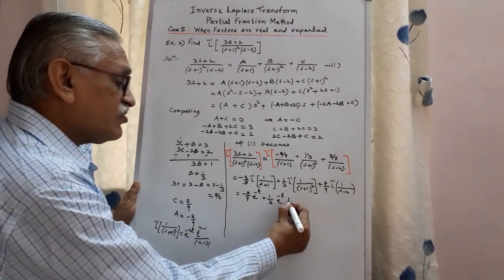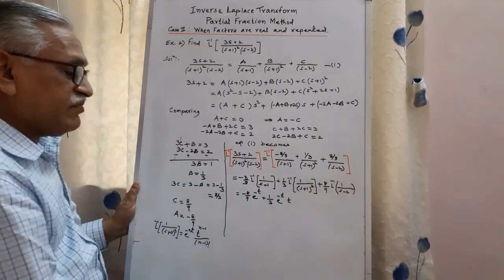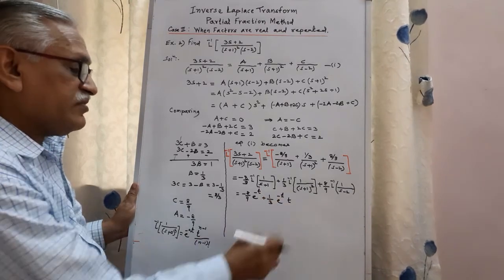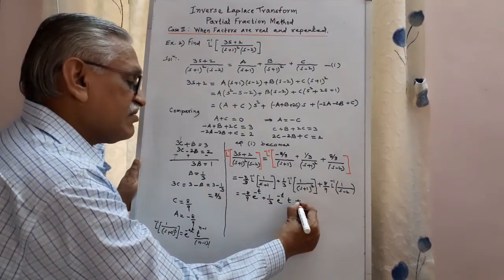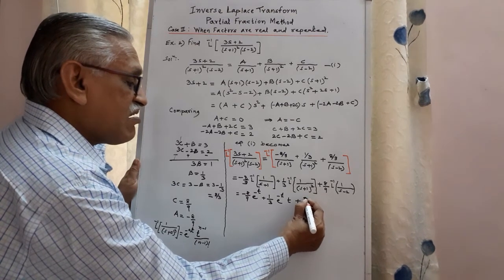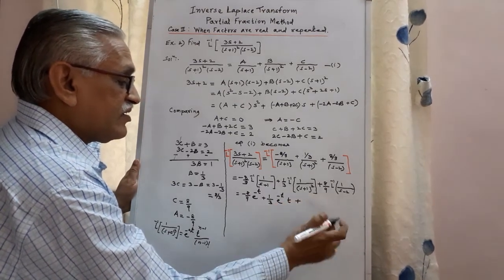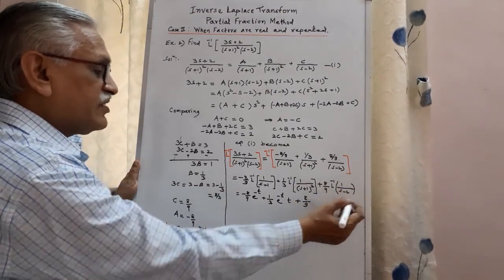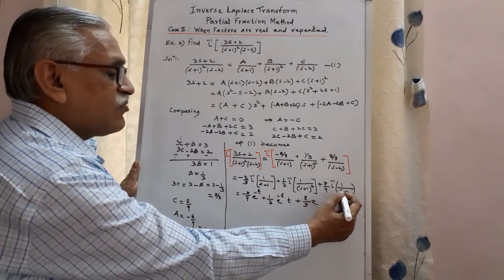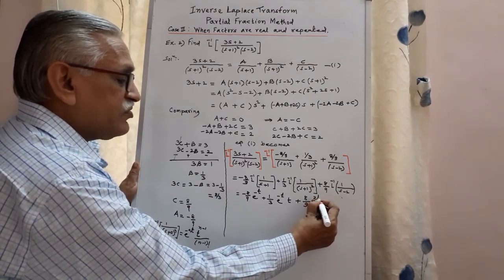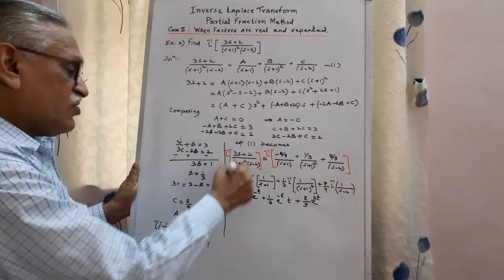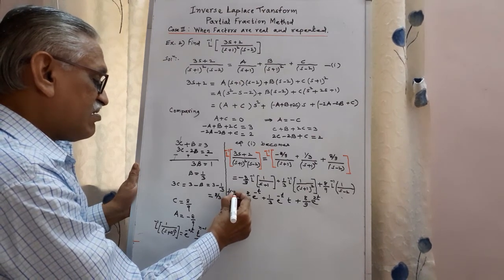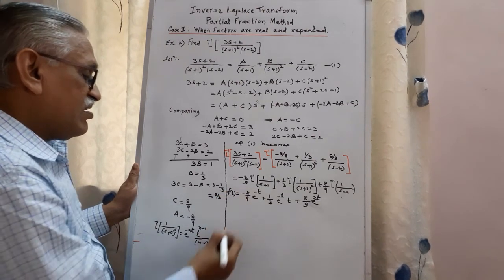T raised to 2 minus 1 we get 1 by 1 factorial. 1 factorial is 1, therefore it is e raised to minus t into t, plus eight by 9 inverse of 1 upon s minus a is e raised to at, which means 2 times t, and the inverse of the left hand side is f of t.